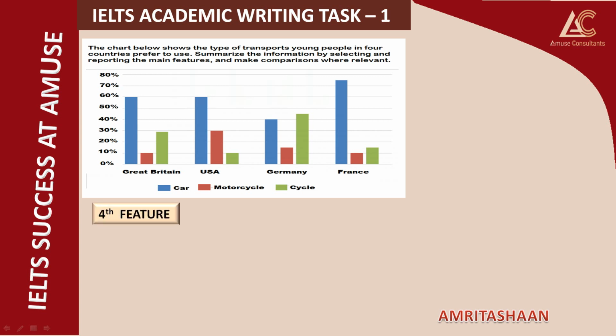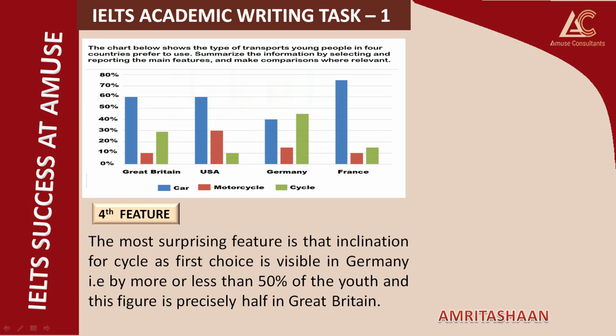The fourth feature now we are going to discuss. Here you can talk about cycle. We have talked about cars, we have talked about motorcycles, and now we are going to give the description related to cycle.